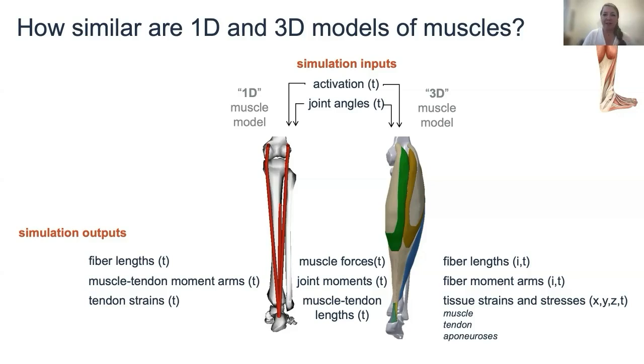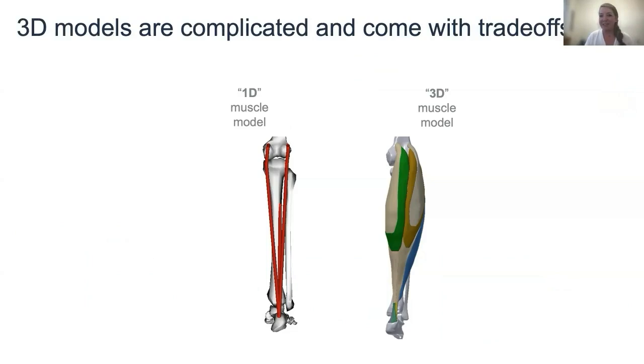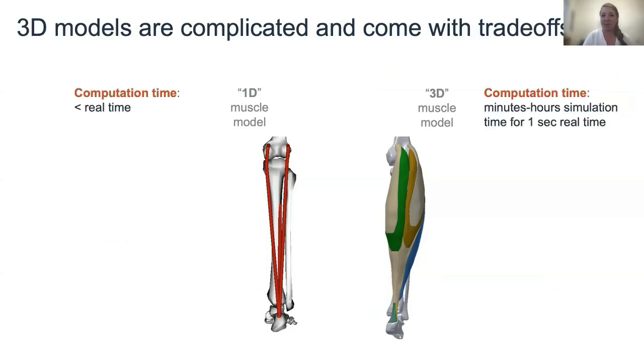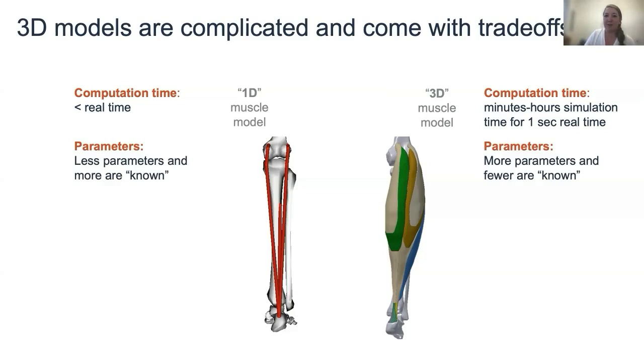While these models give us a lot of insight, they are quite complicated and come with trade-offs. When we look at computation time, our 1D model is much faster. There are also the parameters we need to build a 3D model: we have fewer that are known, so we need more parameters and more data to build it. Further, the assumptions we make in these models are less established.